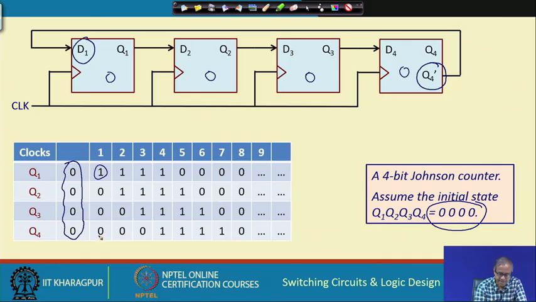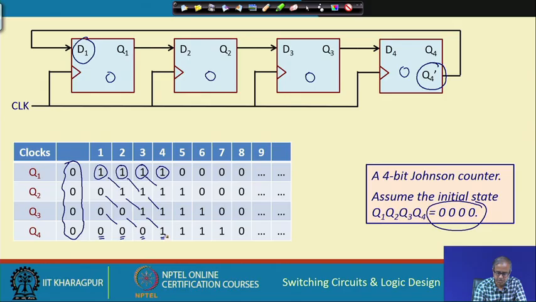Second clock pulse, again this bit was 0, so not of that, 1 will be fed here, and this 1 will get shifted. Similarly, third clock pulse, this is again 0, so 1 will be fed and these bits will all be shifting. Fourth clock pulse, again it was 0, so again 1 will be fed, shifting.